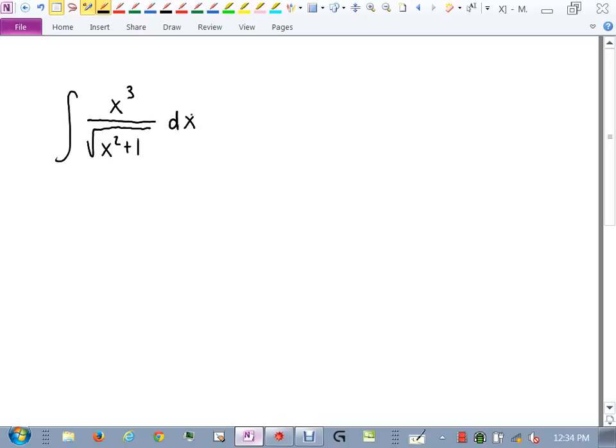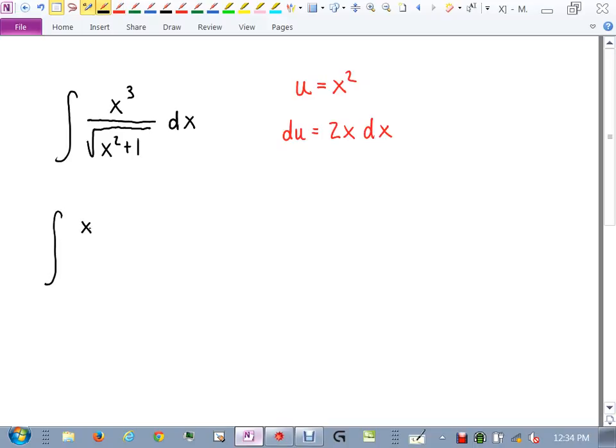x squared? Okay, x squared, possibly. Let's go for it. We're taking a swing. What is the derivative of that? 2x dx. Do you have 2x dx? No, but you do.